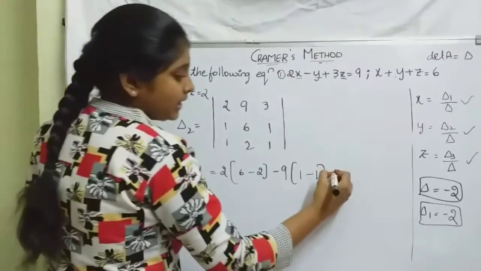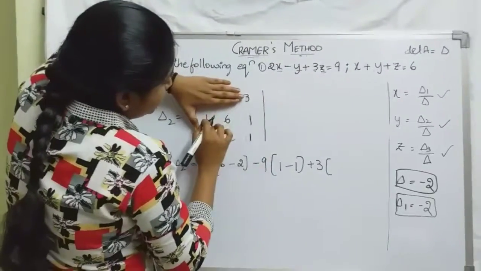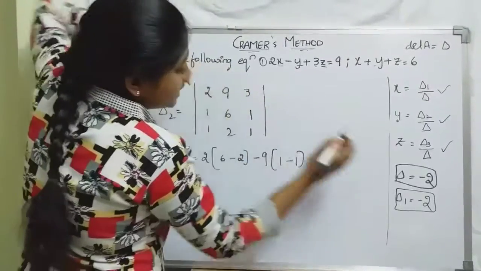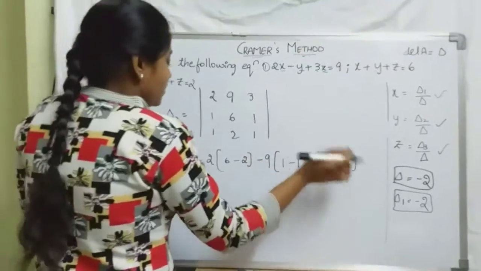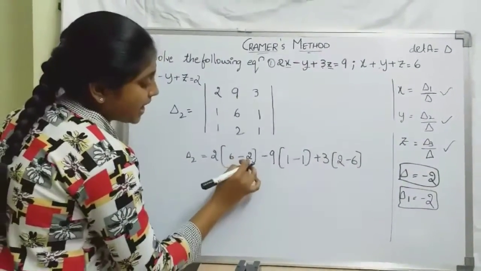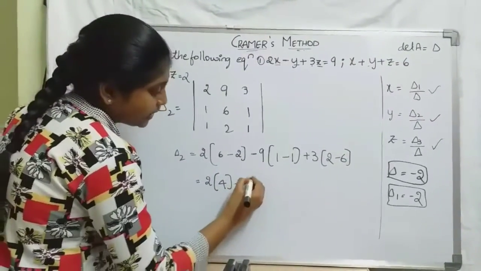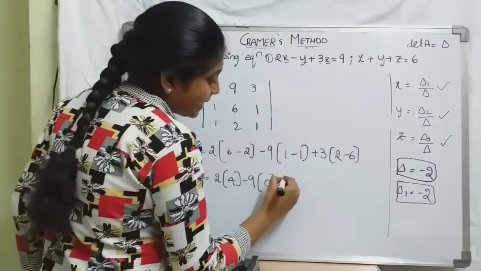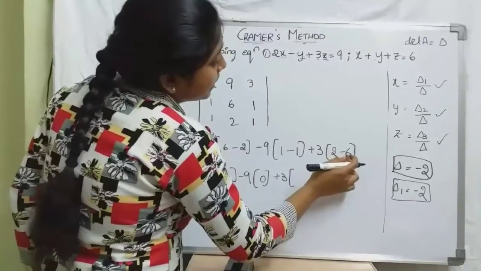Now we will write plus 3 into (1 into 2, that is 2, 1 into 6, that is minus 6). So we will write minus here. Now it is equal to 2 into (6 minus 2, that is 4) minus 9 into (1 minus 1 is 0) plus 3 into (2 minus 6).